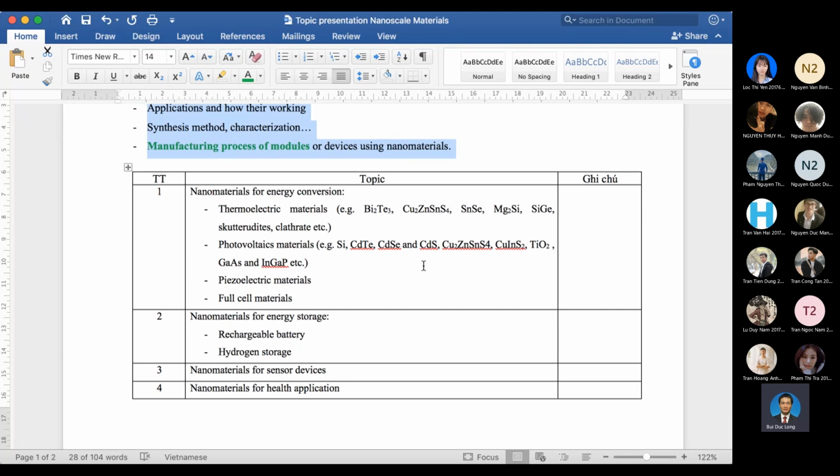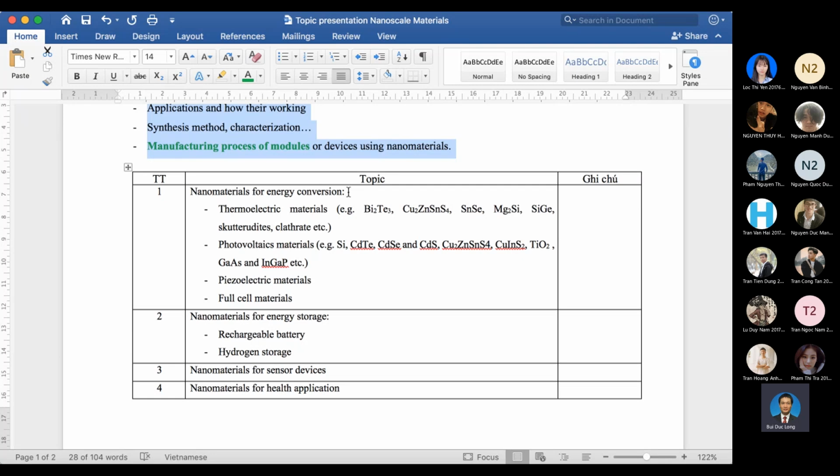Here I list down several topics for you. You can choose. The first topic will cover materials for energy conversion.